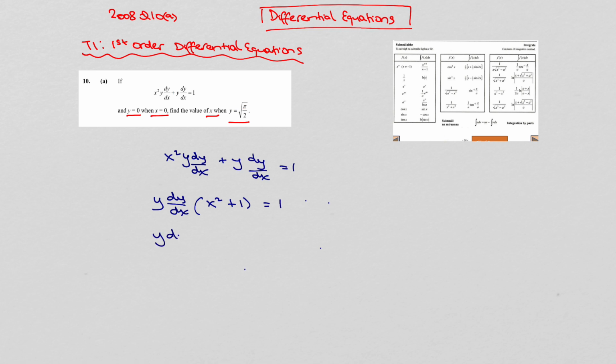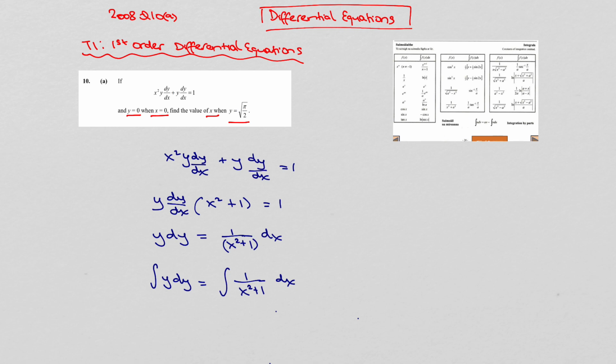And therefore, if I divide across by x squared plus 1 and multiply across by dx, we've now separated out the y's and the x's. So we're going to then integrate both sides. We're going to integrate the left with respect to y and integrate the right with respect to x.